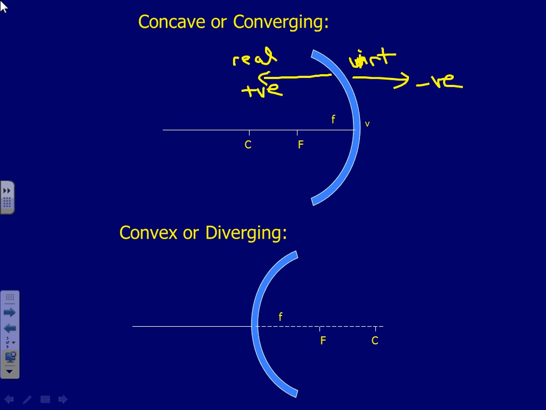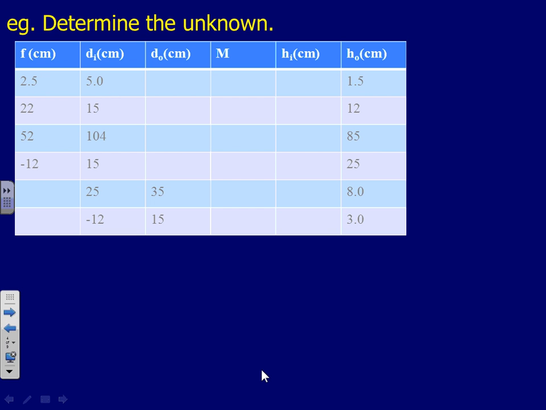My next slide simply has a grid. And what I'm doing here, and you can make this table, and I want you to copy the information down. This really isn't problem solving. I'm not actually giving you a problem.